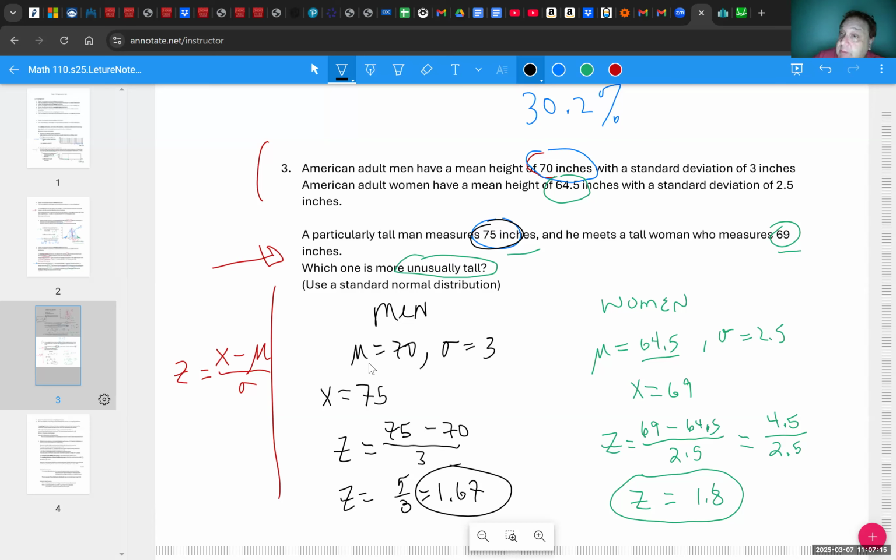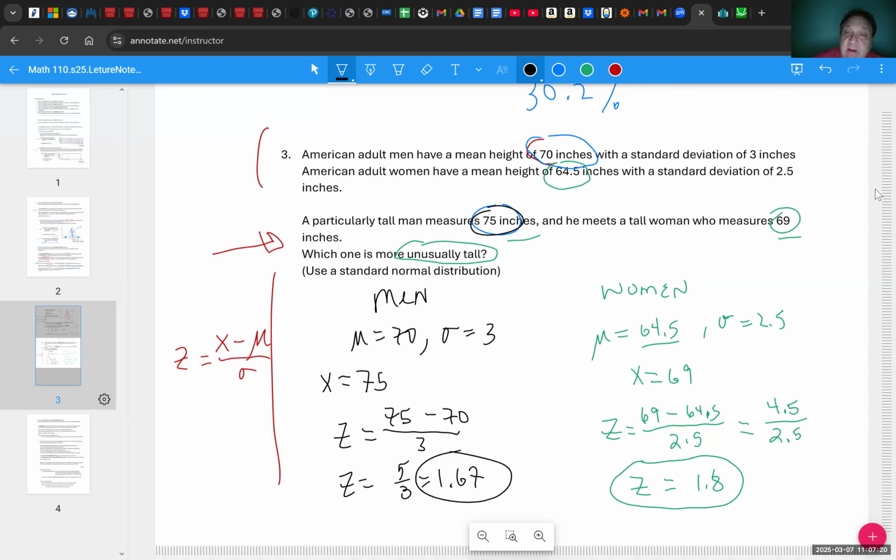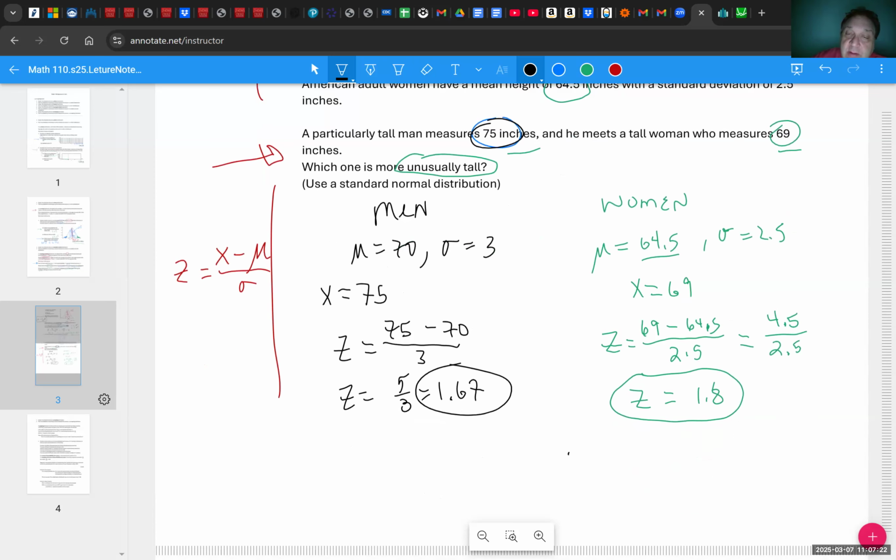So that means the woman is more unusually tall compared to the man. Comparatively.